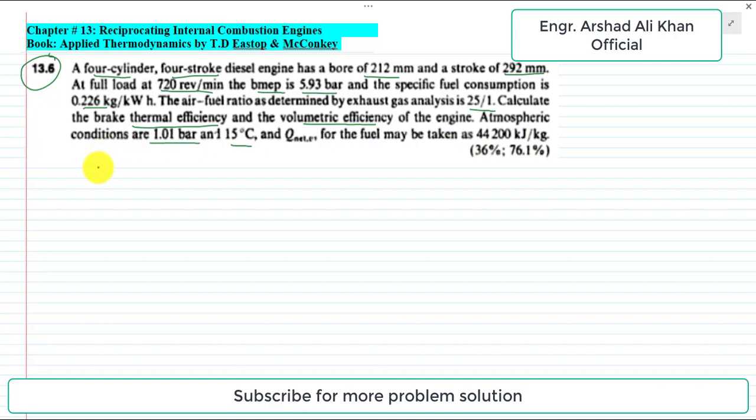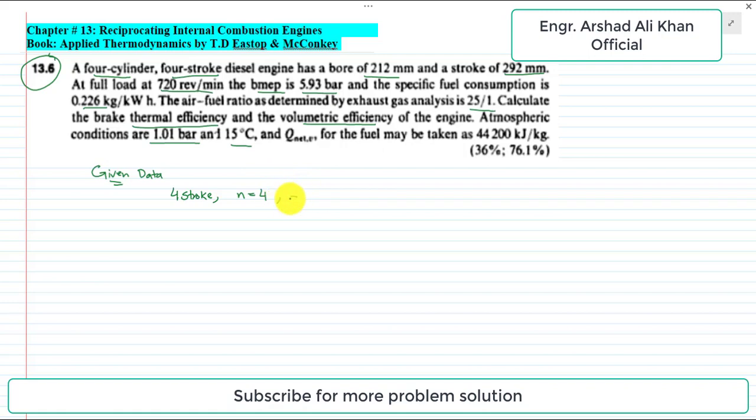So first of all we will write the given data, which is mentioned in this statement. It is a 4-stroke and 4-cylinder engine, means that small n is equal to 4.